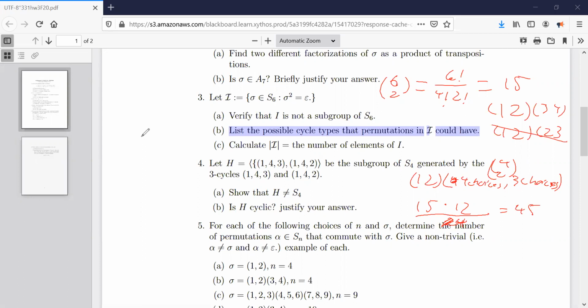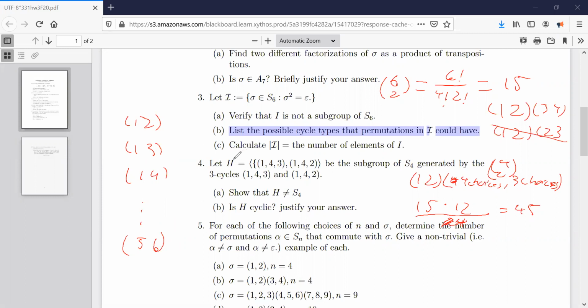Does that make sense? And then for B, I would just suggest rather than actually listing out everything, I think you can get away with just doing the base cycles, the 1, 2, 1, 3, 1, 4, and so on, all the way down to 5, 6, and then say any disjoint combination of these.